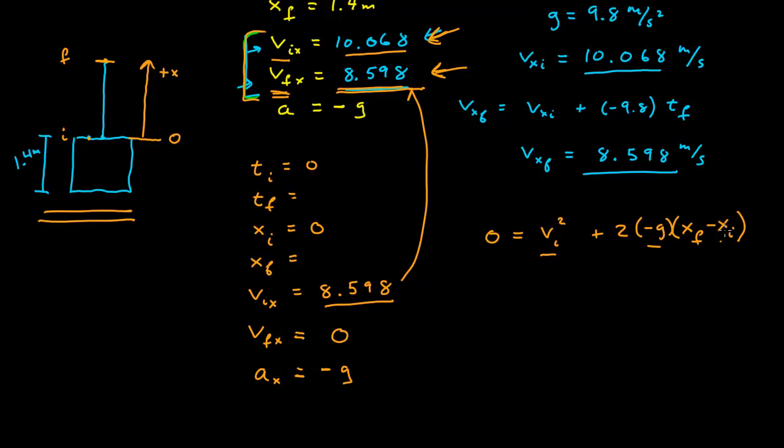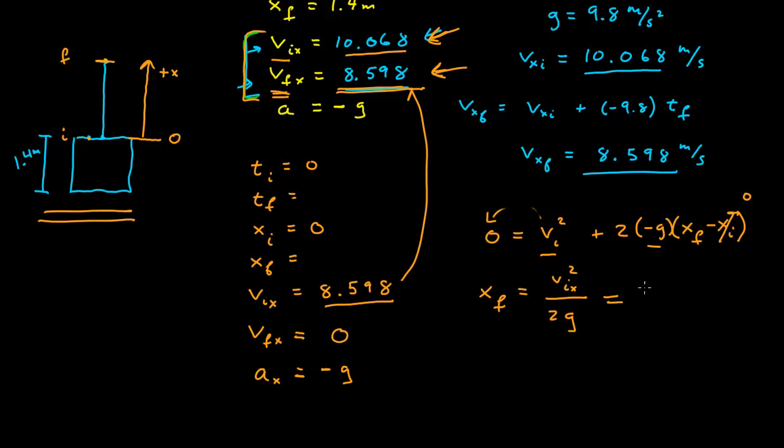Initial is 0, so that goes away. I bring this over to the other side, it's negative, and I can solve for x sub f. And x sub f is equal to v initial x squared divided by 2g. When I bring this to the other side, it gets a negative sign. This negative sign turns it positive, so I have a positive v i x squared over 2g.